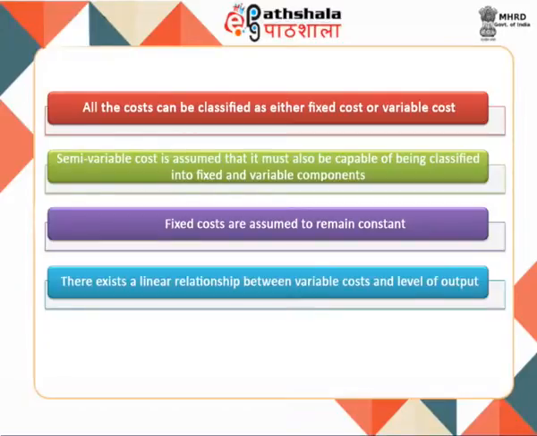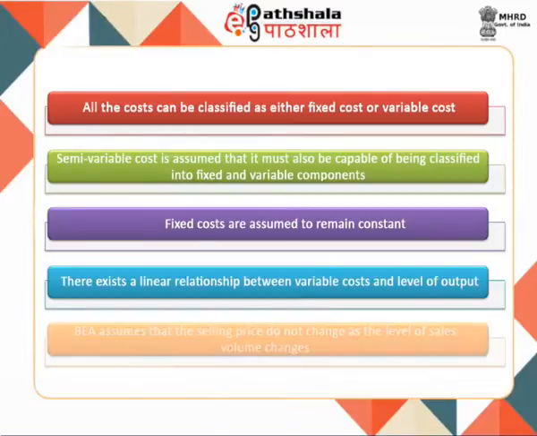changes at a linear rate in response to changes in the level of output, implying that per unit variable cost is same for all the levels of output. Fourth, break-even analysis assumes that the selling price does not change as the level of sales volume changes.